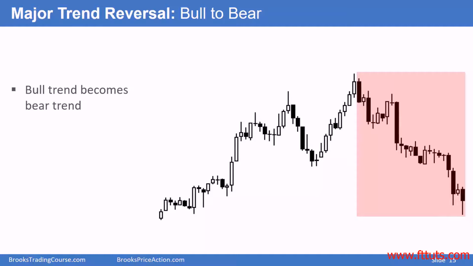If a bull trend goes to a bear trend, it's a major reversal. If a bull trend just goes sideways and the bull trend resumes, it's a minor reversal. Even this is a minor reversal because the bull trend resumed. So minor reversal: the trend resumes instead of reversing.